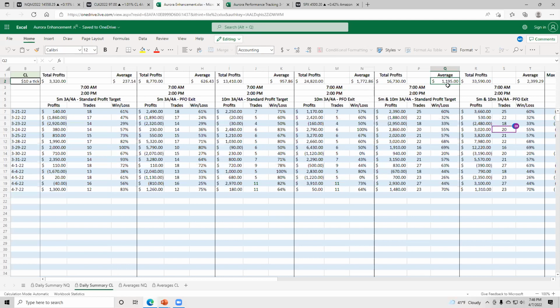That's 119 ticks. We're looking for 125 ticks on a daily basis. And then holding for the PFO is just under $2,400, so 240 ticks. So the numbers are really strong.